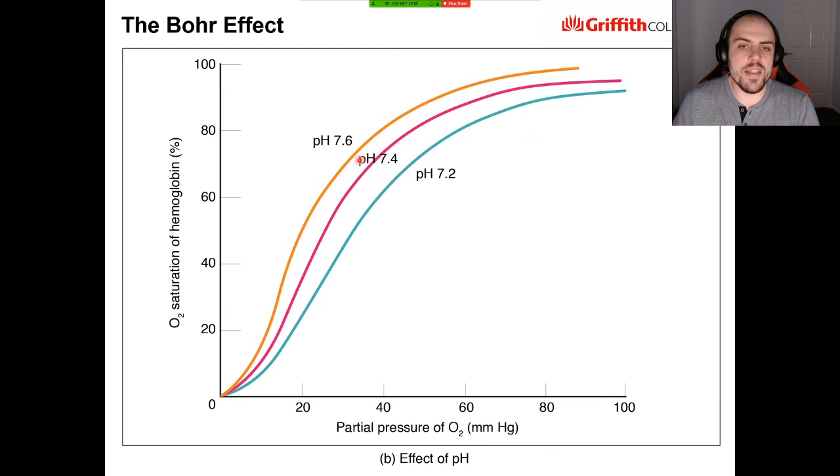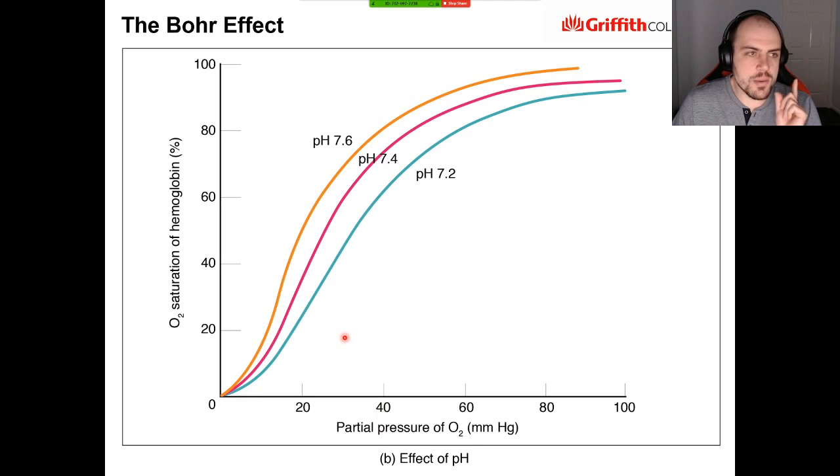So if we compare this, if we look at hemoglobin at, say, a pH of 7.6, at a partial pressure of 40, it's around 80% saturation, yeah? Give or take.